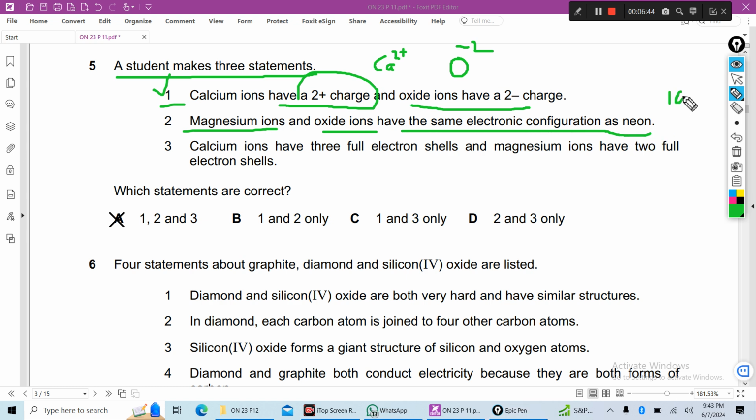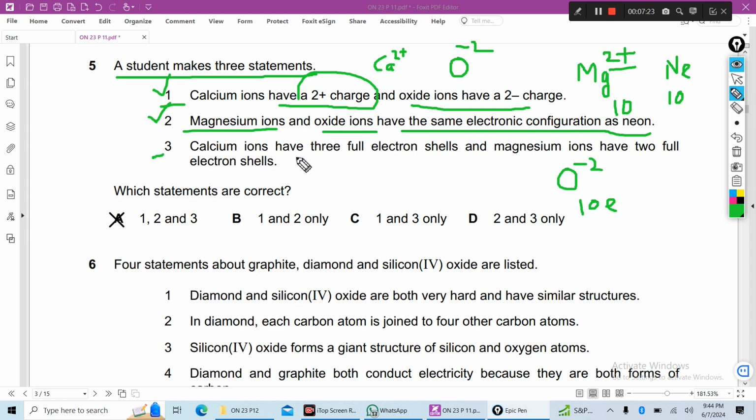Neon has 10 electrons, so magnesium ion has also 10 electrons because magnesium has 12 electrons; when magnesium forms 2 plus, 2 electrons less, 10 electrons. Also oxygen has 8 electrons; when it forms oxide ion, 2 electrons more, so 10 electrons. Oxide ion 10 electrons, magnesium ion 10 electrons, neon has 10 electrons. So 2 is also right, correct.